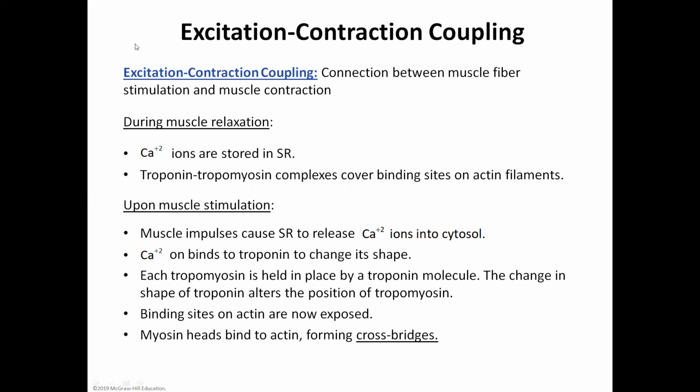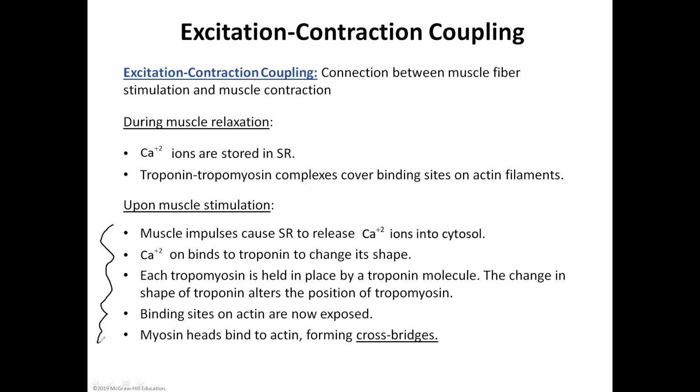This is how I'm going to ask you questions for your test and for some upcoming pieces. I want you to understand the stimulation idea of what's taking place. So you're going to have some sort of innervation from a nerve. It hits that muscle fiber. That action potential then moves to the sarcoplasmic reticulum. When it does, it releases calcium. And when it releases calcium to the cytosol, calcium ions bind onto troponin and change its shape.